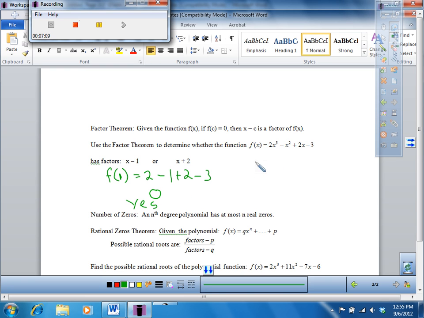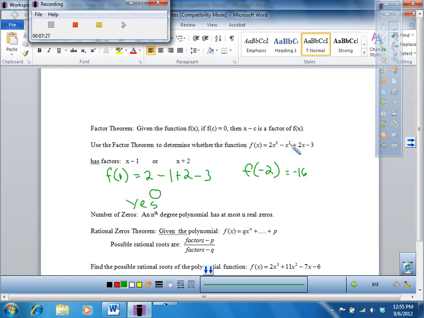If I plug in, what would I plug in to see if x plus 2 is a factor? Negative 2. So I'm going to do f of negative 2. I get negative 8 times 2, which gives you negative 16.